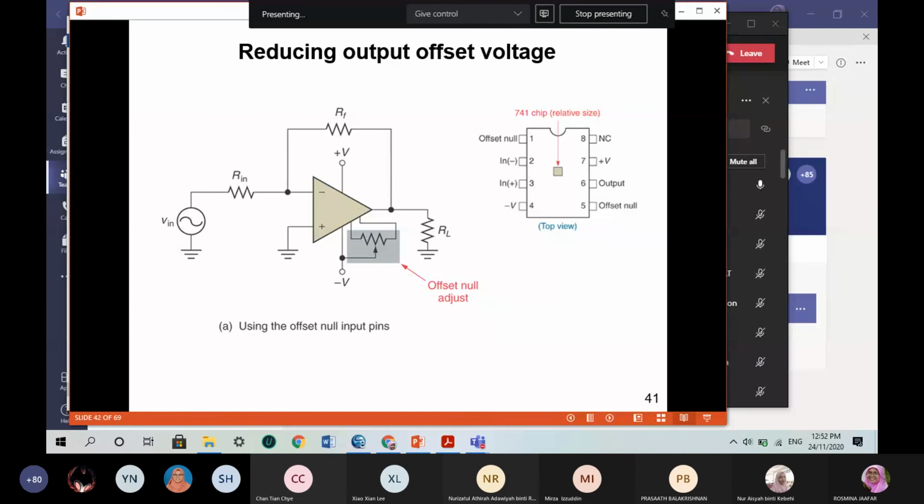So how can we reduce the output offset voltage? One way is you connect a potentiometer on the output side. There are two ways. The first way is using an offset null input pin.